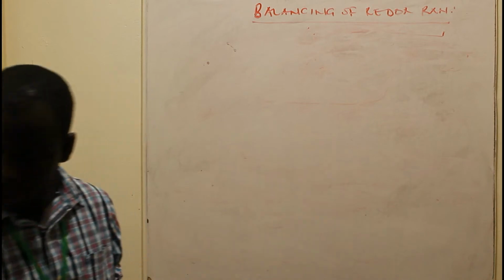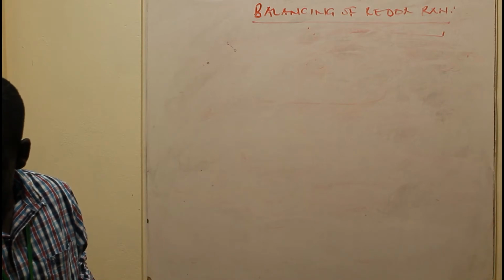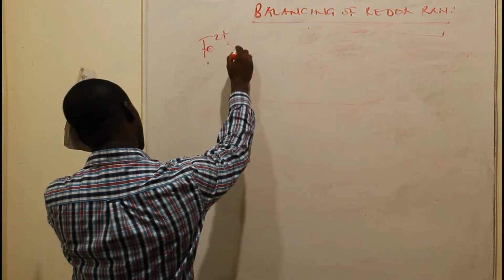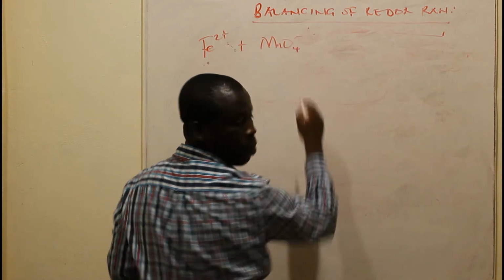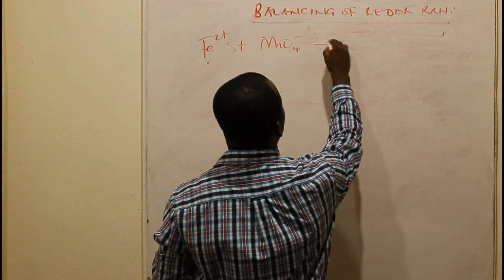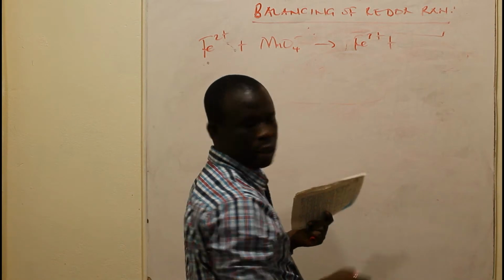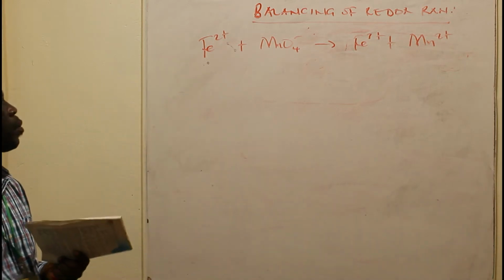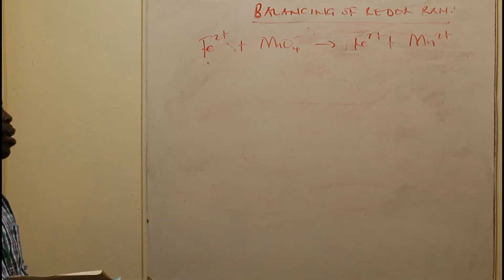Having been given this reaction, we have Fe2+ plus MnO4- to give Fe3+ plus Mn2+. So in the first place, you need to have the oxidation half reaction first, and the reduction half.